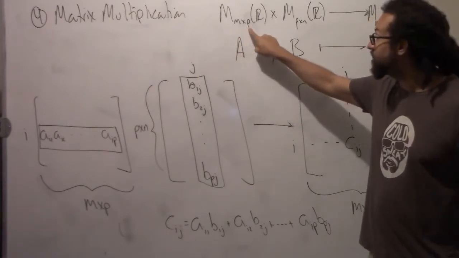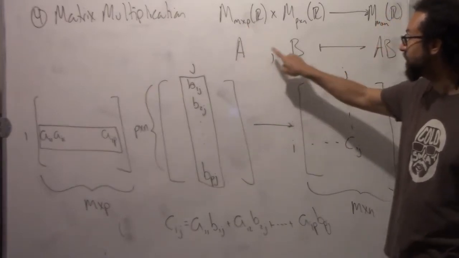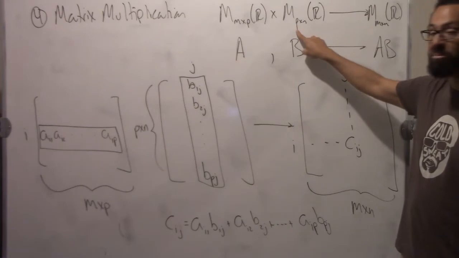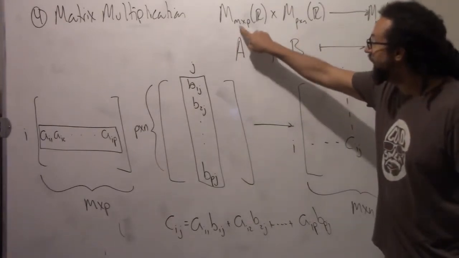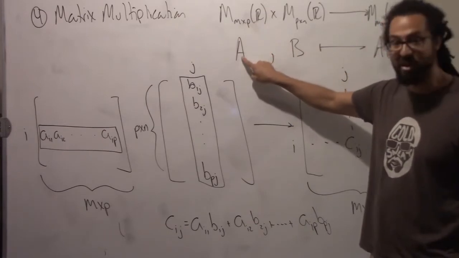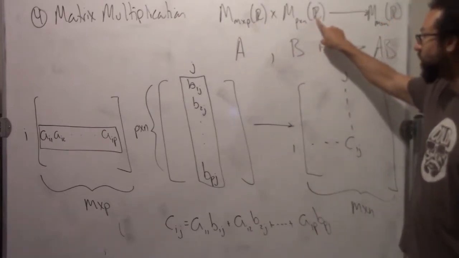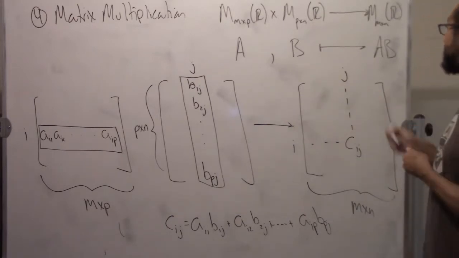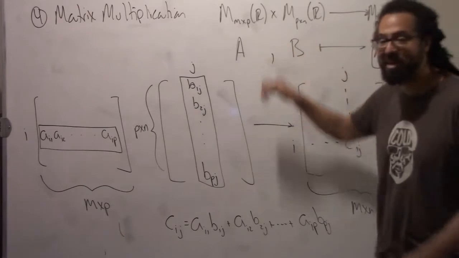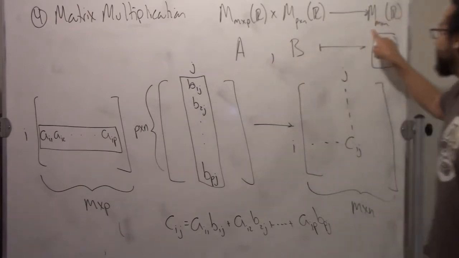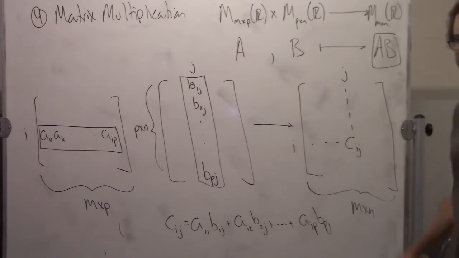The number of columns of the first matrix has to match the number of rows in the second matrix. So we're going to read in an m by p matrix, call it A, and a p by n matrix, call it B, and then we return an m by n matrix, because the p's cancel. We call it AB, so A times B.